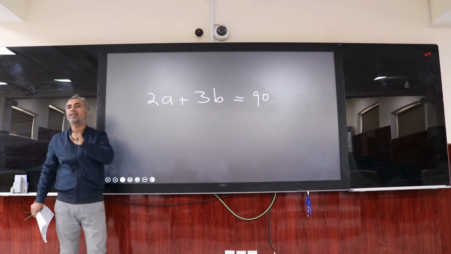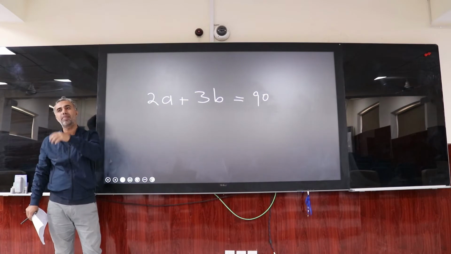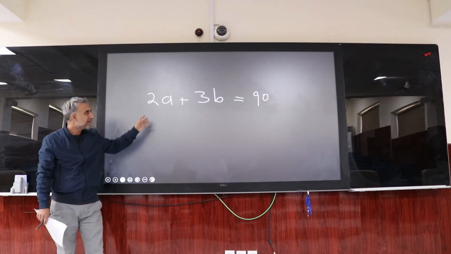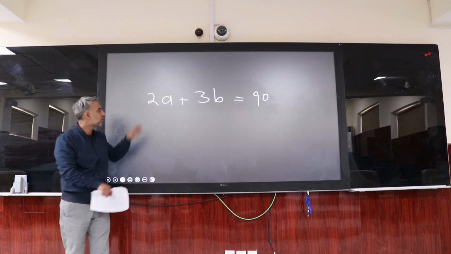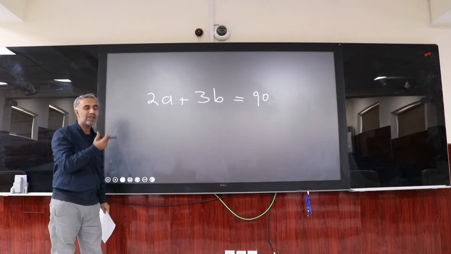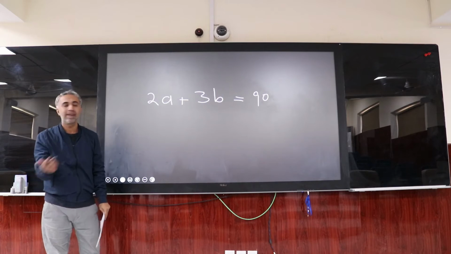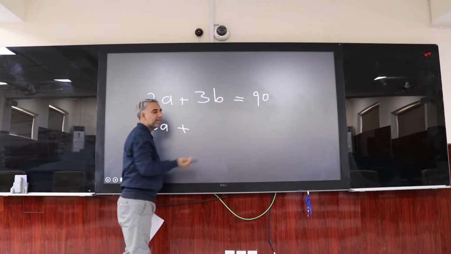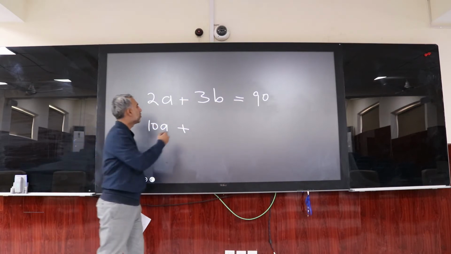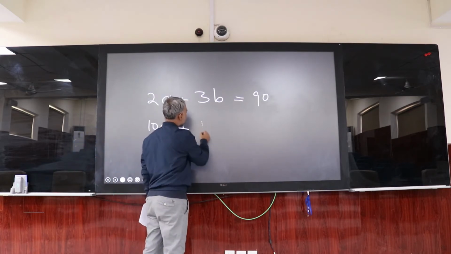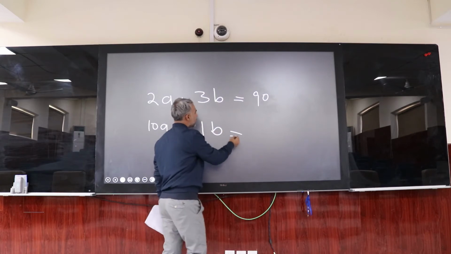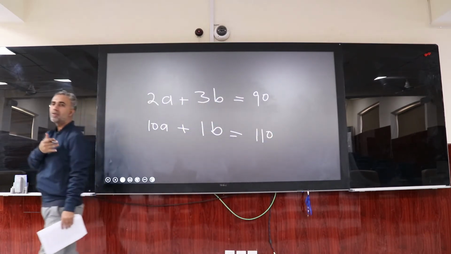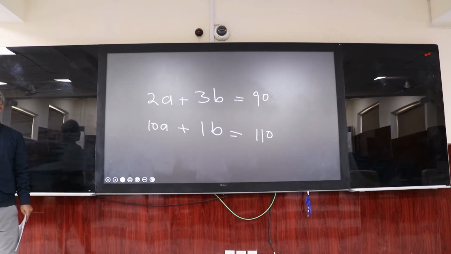If we are dealing with oranges or pineapple, then we need to describe another set of equations. So we visit another shop to check the price. Maybe 10 apples and 1 banana, and he is charging us 110. So now there are two equations.